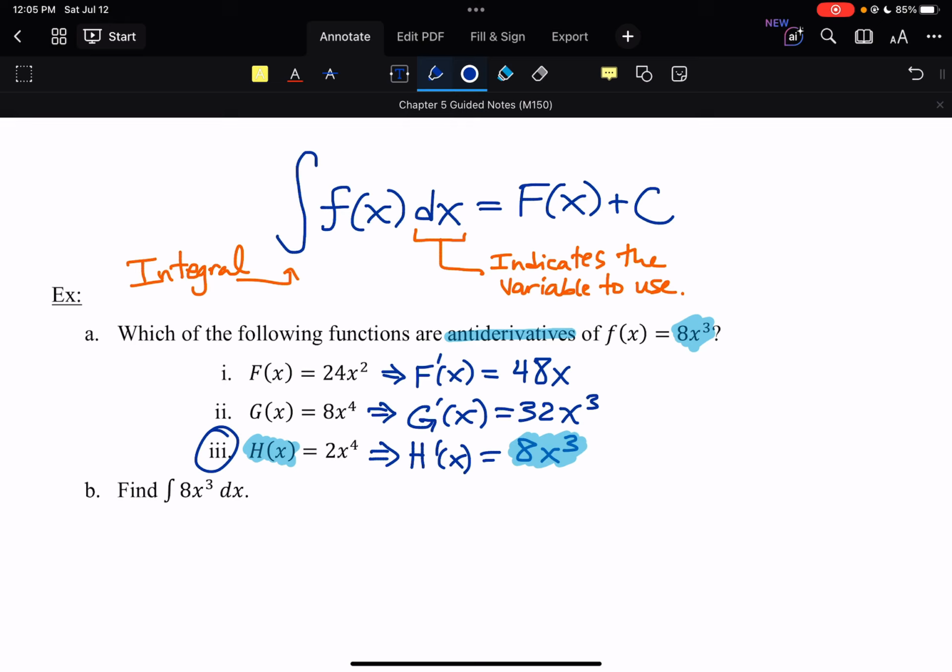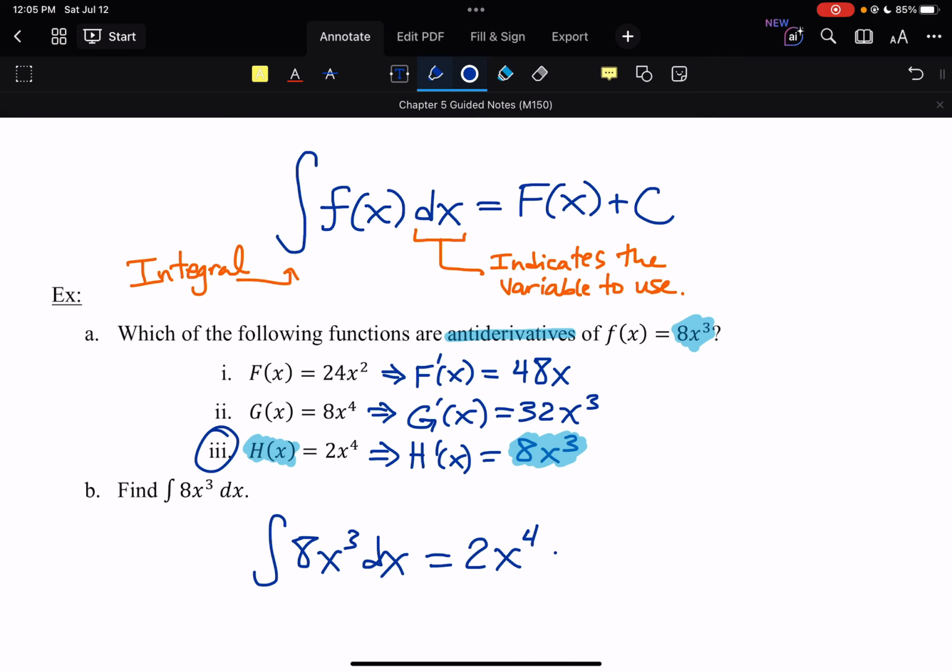Right? This is the core antiderivative here, without the plus c or without addition of some other constant. So if we wanted to find the integral of 8x cubed with respect to x, so dx, that is the antiderivative, which is 2x to the 4th.